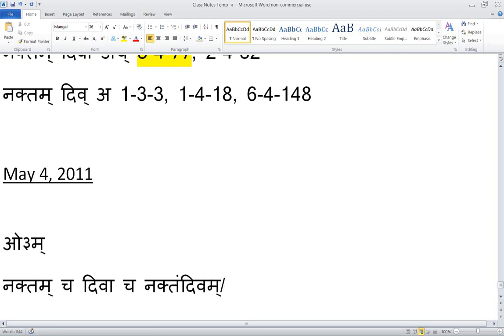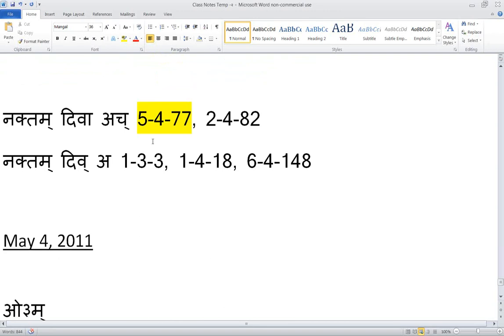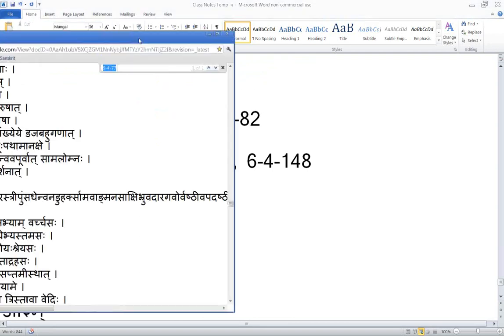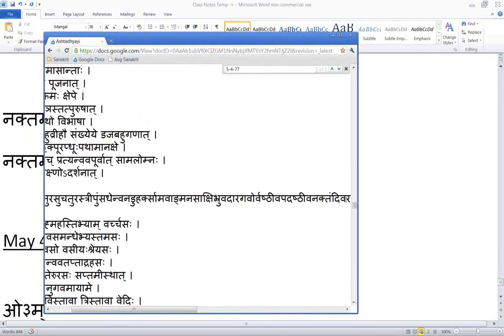That's in the Kashika, or you can do the Parasavarna, Naktan Divam. So this is clear. Now what we have is Naktan Diva so far. We had the Pratyaya Ach, and the Sutram already gave us Naktan Diva as the form, so that part also is clear. Now what we do need to get is the Divam at the end. Remember this is a Dvandva Samasaha.